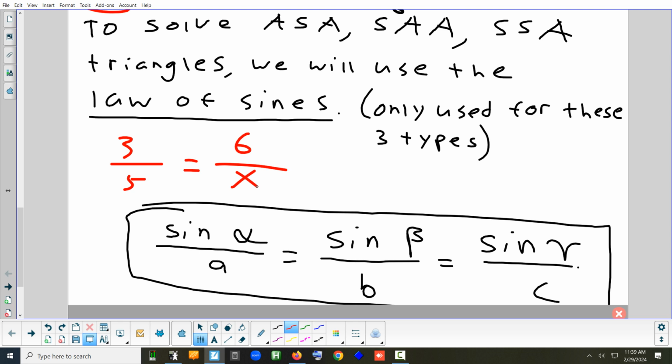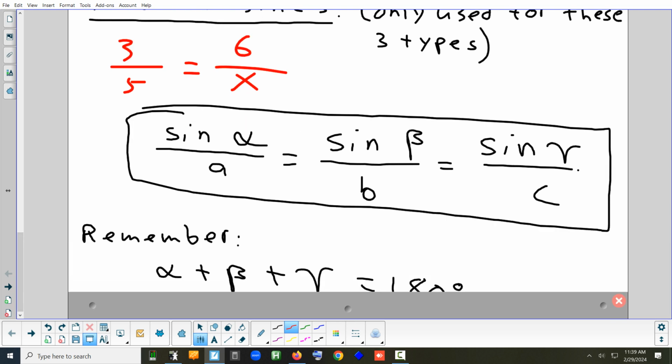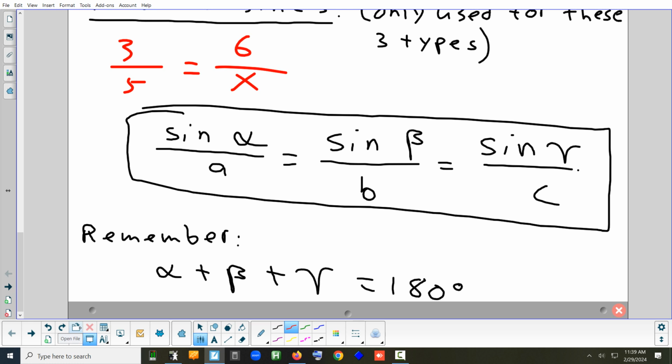So every problem you do with law of sines is going to be cross multiplying. You do want to remember that all the angles in a triangle still have to add up to 180 degrees. That's always true.